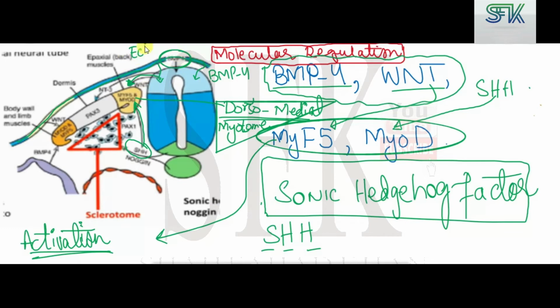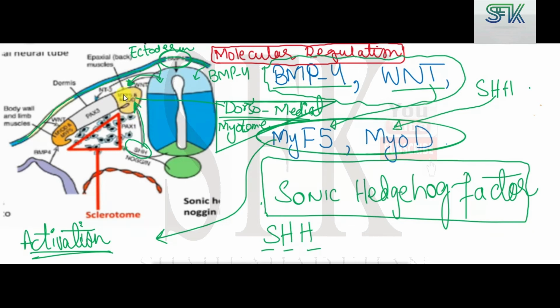The ectoderm secretes the bone morphogenetic protein. It signals the roof of the neural tube to secrete the Vent protein, and the base of the neural tube secretes the Sonic Hedgehog protein. Both the Sonic Hedgehog and the Vent interact with the dorsomedial aspect of the myotome.